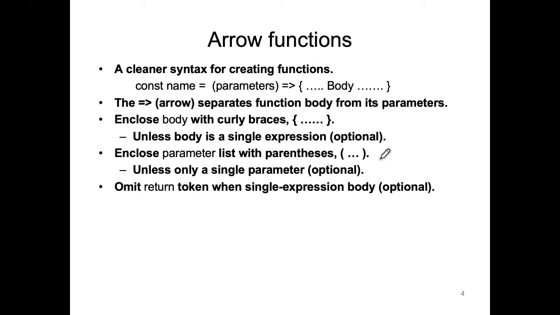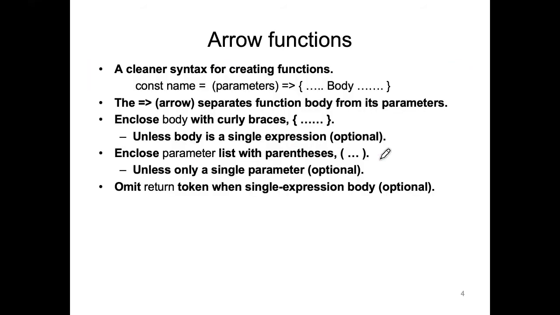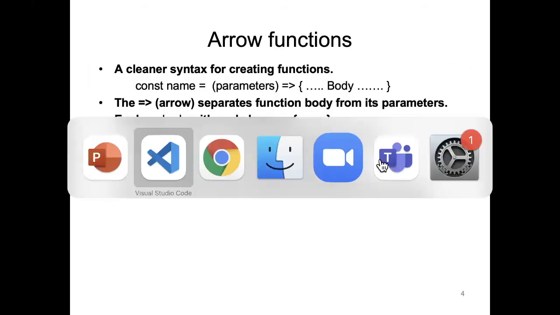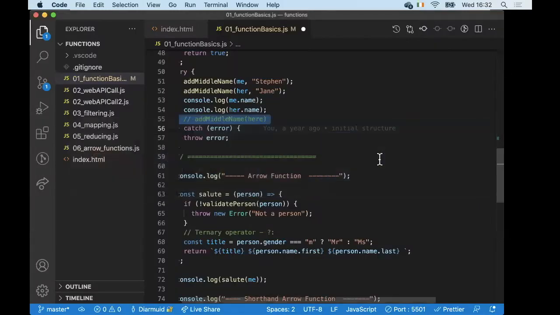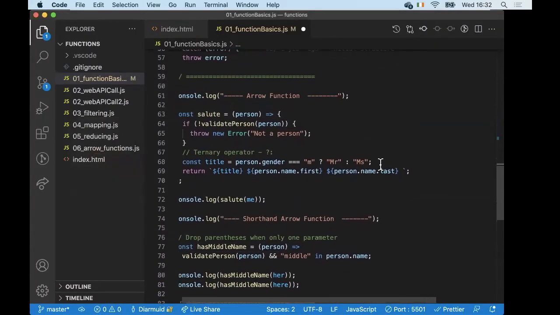So if I go back to my code, I have an example of an arrow function. This function notionally takes a person object and returns a string.